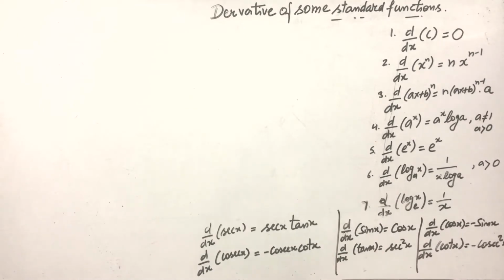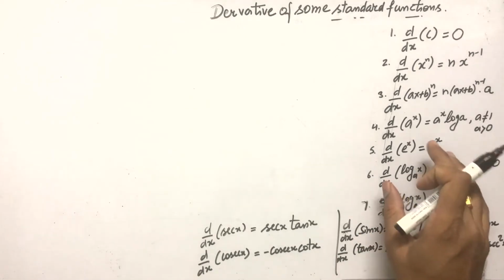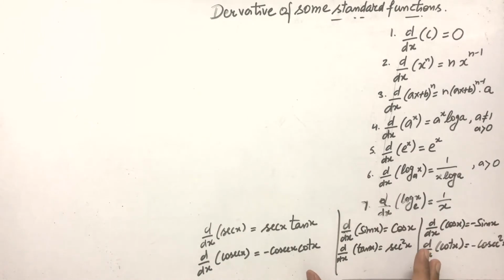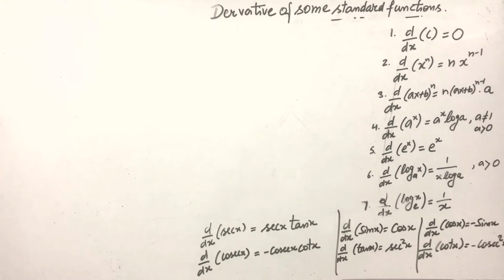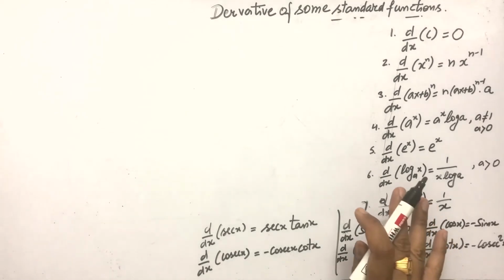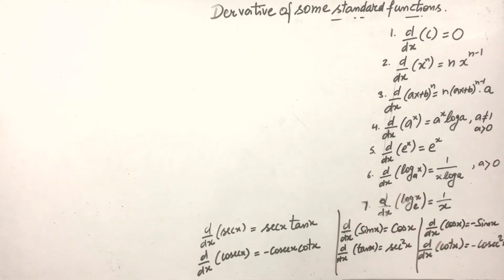So we have to remember 7 this plus 6 this, total 13 formulas. These are standard formulas. We need these to solve further numericals. Very easily we can prove these formulas using first principle. So you can check my previous video for derivative using first principle.